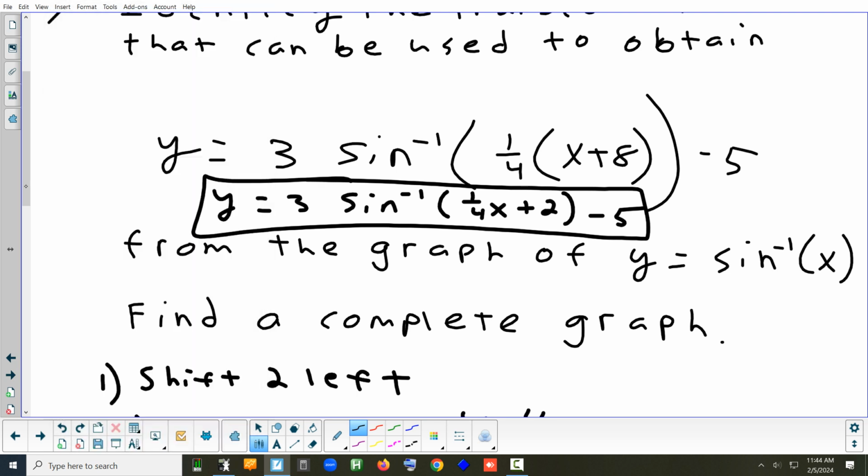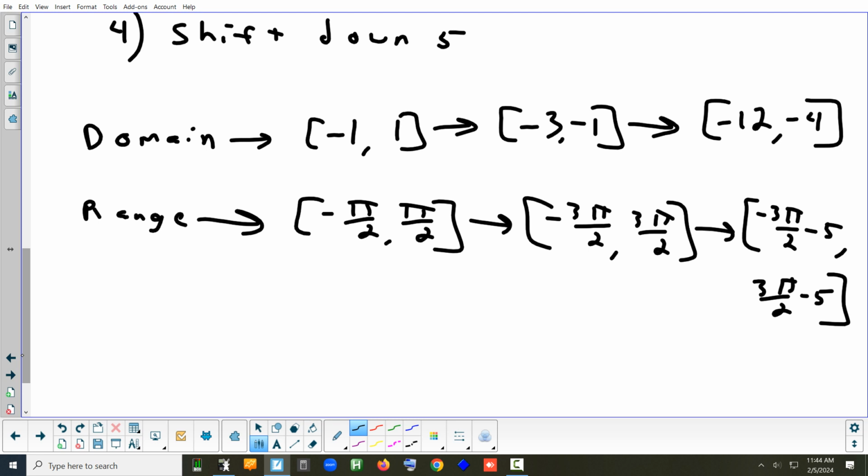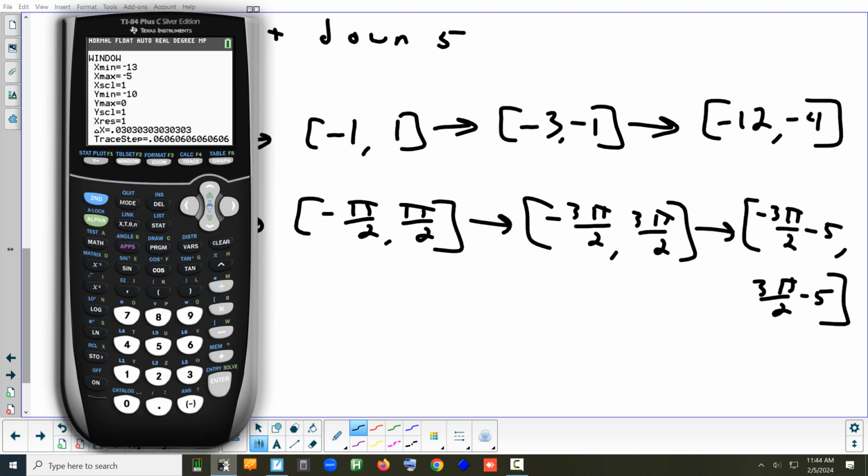Yeah, I think our window is okay. Yeah. You need to be in radians. This 3 pi over 2 number, that's radians. That is not degrees. So if you get a graph that doesn't look right, check your mode. Put it in radians. Let's see what we get now. Perfect.